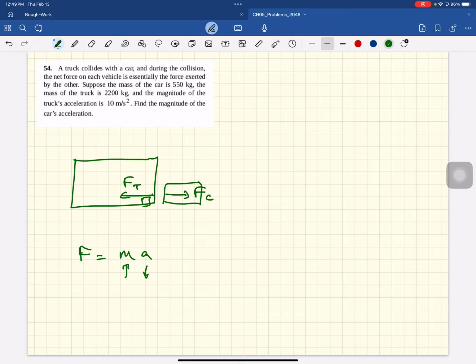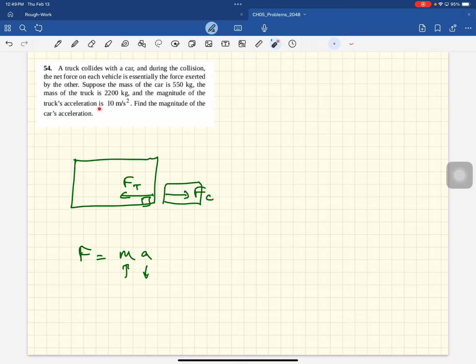Okay, so that's what's happening. Suppose the mass of the car is 550 kg. The mass of the truck is 2,200 kg. See, the mass of the truck is 4 times as great, and so the acceleration is 4 times as small.